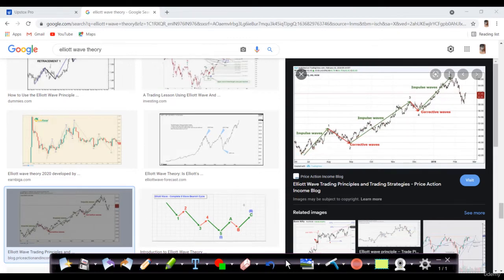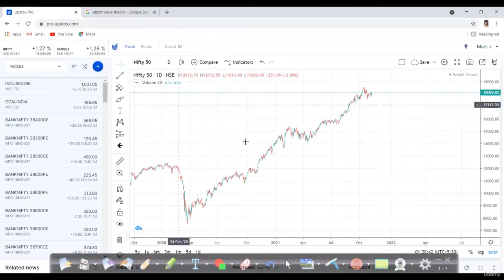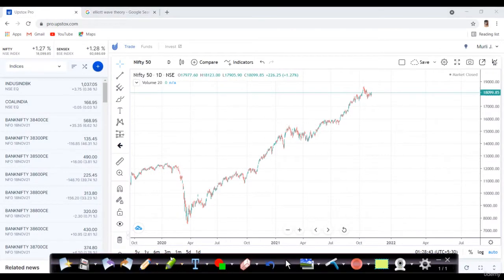Okay, now let's take an example from the chart itself, how to analyze the chart. Now, from where do we need to mark 1, 2, 3, 4, 5? Is this correct? No. Why? Because the market just created one small swing here.